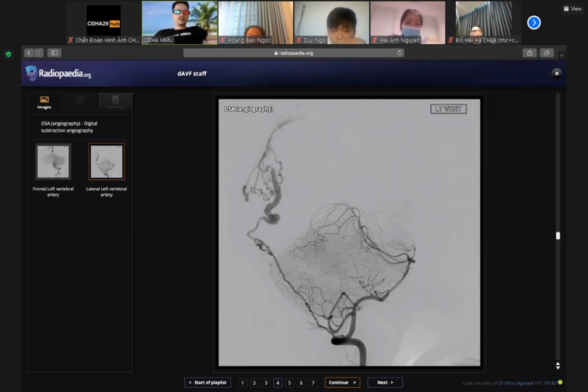A fistula between a feeding artery coming from the posterior circulation and a cortical vein, and on this slide you can see the ectasia of the cortical vein, which shows type 4 of the Cognard classification, which has a high rate of hemorrhagic complication.